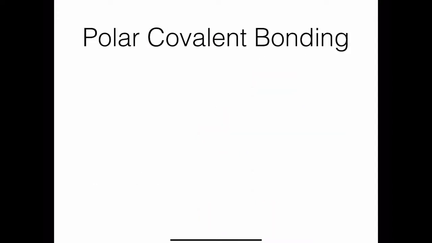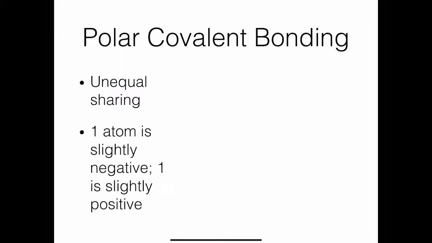Now, the difference between nonpolar and polar covalent bonding: when we think of the term polar, we think of the poles, positive and negative, or opposites. So what we see here is an unequal sharing of those electrons that are overlapping. So we have one atom that's slightly negative and one that's slightly positive. And remember, this doesn't really happen in covalent bonding, it happens to a great extent in ionic bonding.